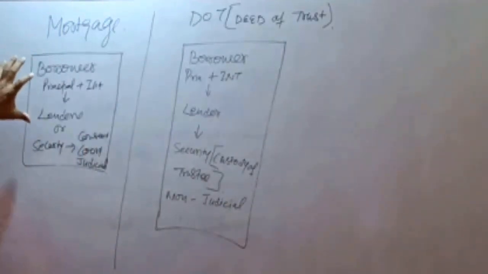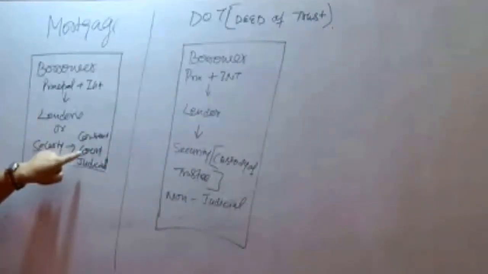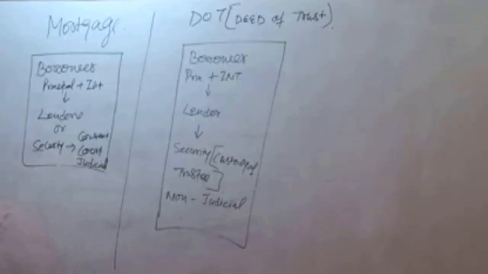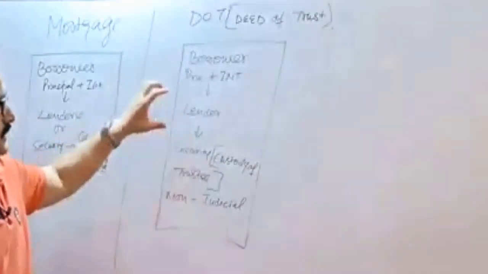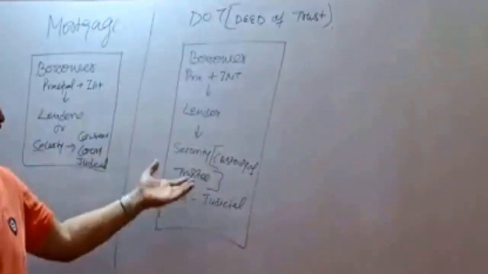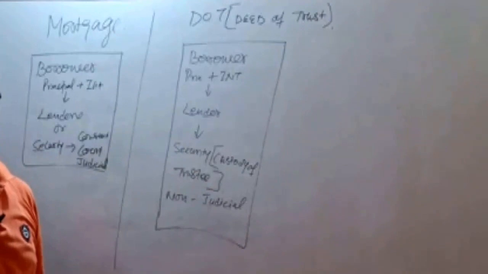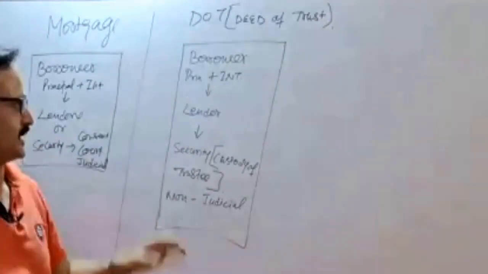Now here we see borrower, lender. If something happens and the borrower is not able to pay, then the lender will go to the court. With the consent of the court, they can foreclose the property. Here it is something different. Borrower, lender. Now the security is in the custody of the trustee. That means there is another party involved here.